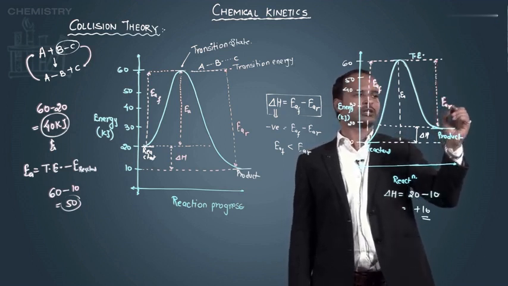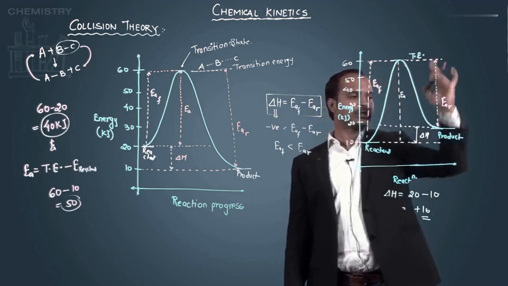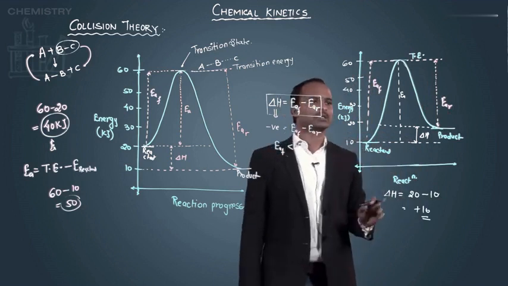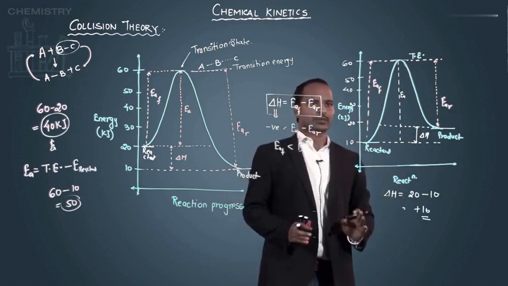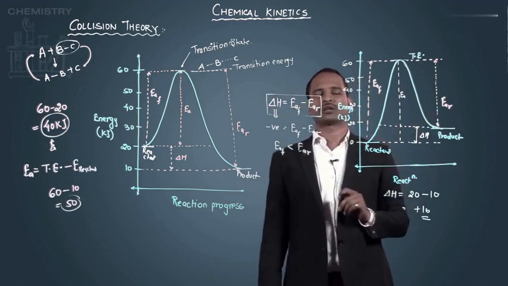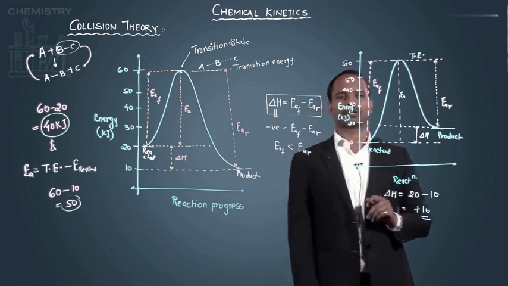So here the value is 50, and here it is only 40. From this graph, I can say that in an endothermic reaction, the activation energy for the reverse reaction is less than the activation energy for the forward reaction.